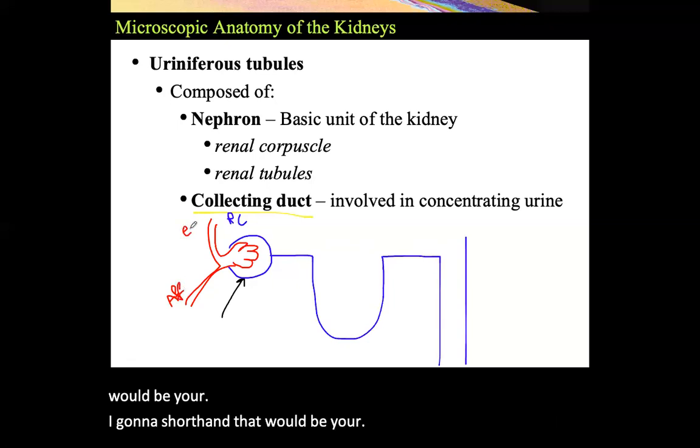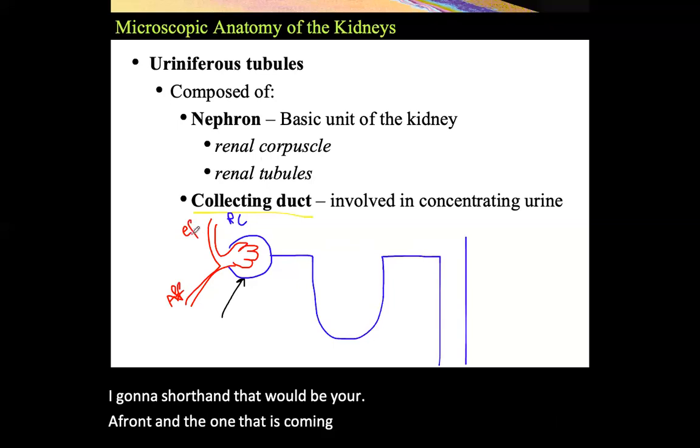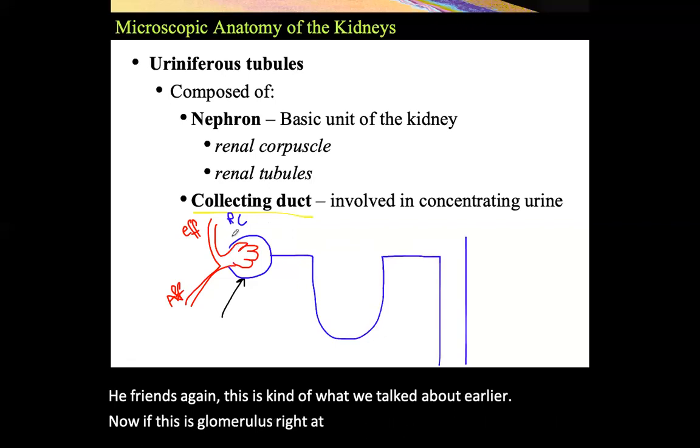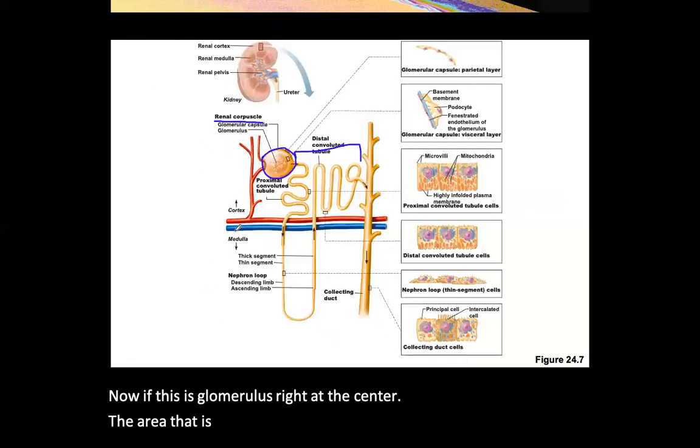And the one that is coming out would be your, what? Efferent. Again, this is what we talked about earlier. Now, if this is glomerulus right at the center, the area that is surrounding the glomerulus would be your glomerular capsule.